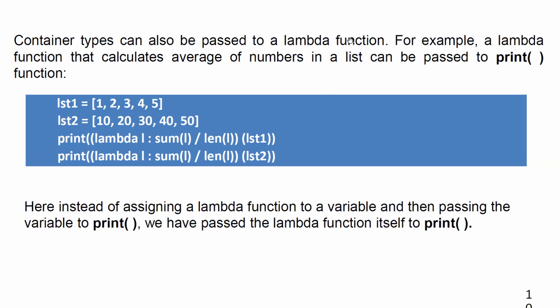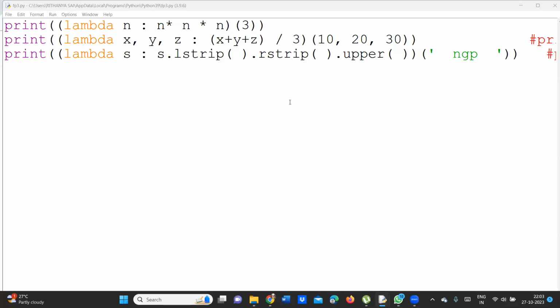Now we will see the execution of these three programs. Coming to this print function: print lambda n colon n into n, with the argument 3, and print lambda x, y, z colon x plus y plus z divided by 3, with 10, 20, 30, and print lambda s colon s dot lstrip dot rstrip dot upper.